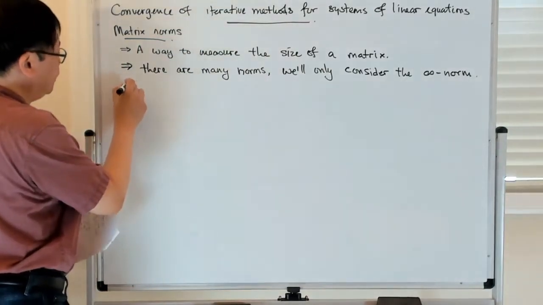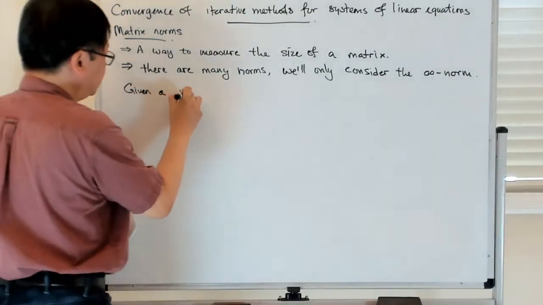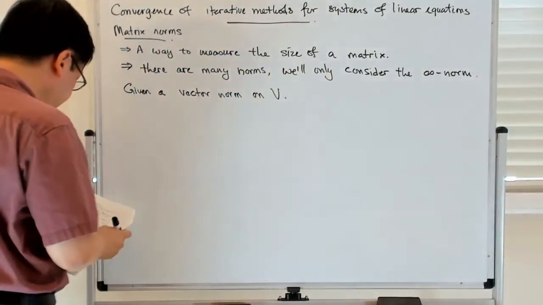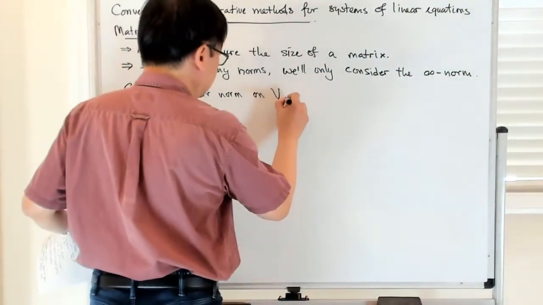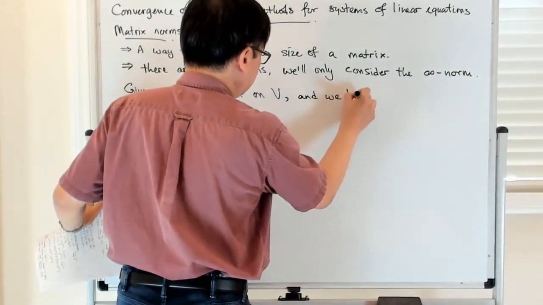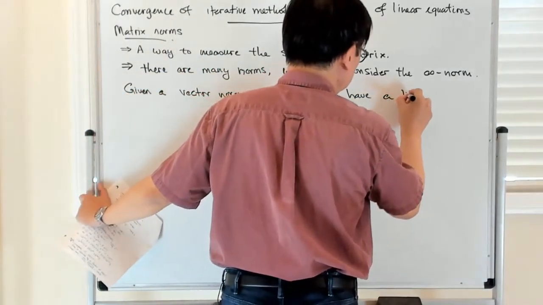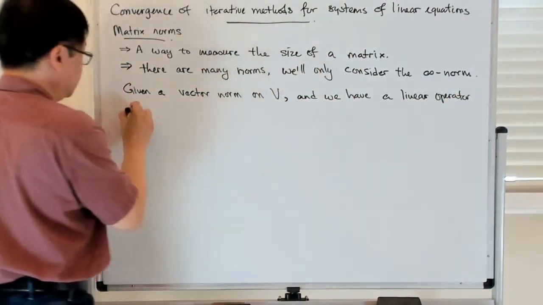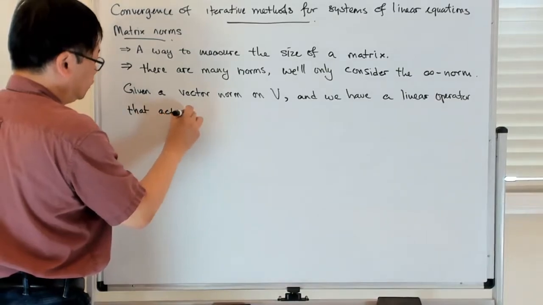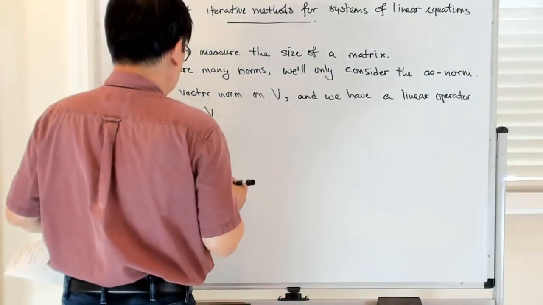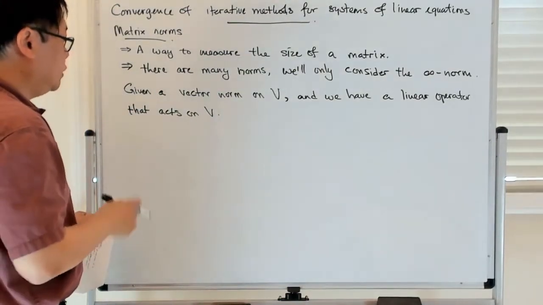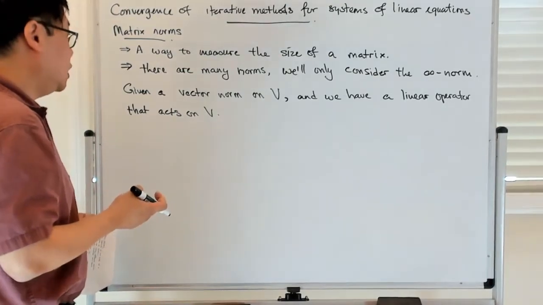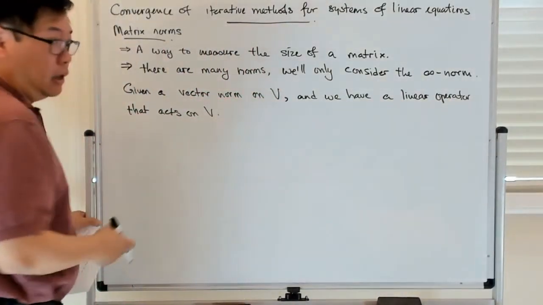Let's say we're given a vector norm on V, and we have a linear operator that acts on V. So if you have a vector norm, we're going to construct what is called an induced norm, or an operator norm, on the space of linear operators on that vector space.